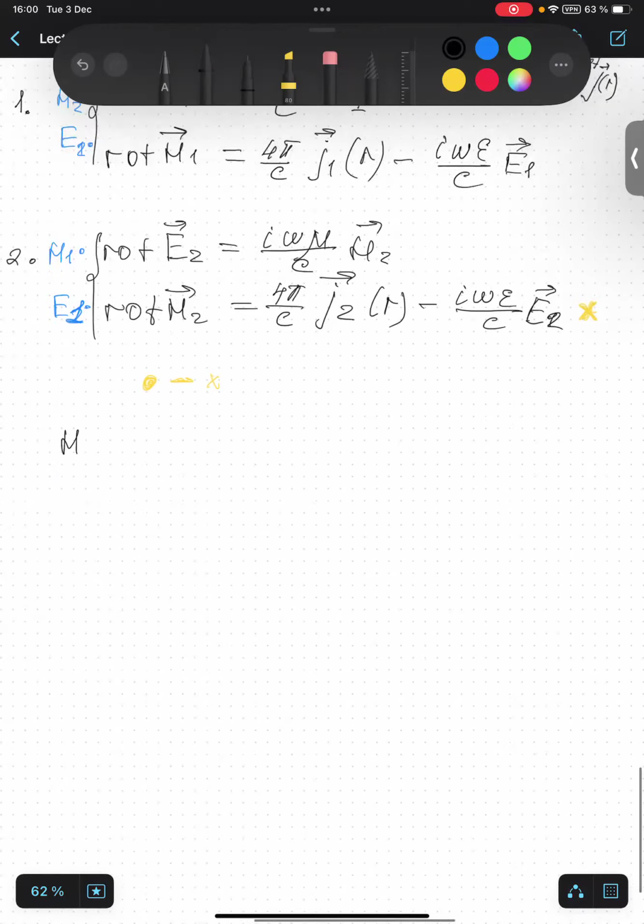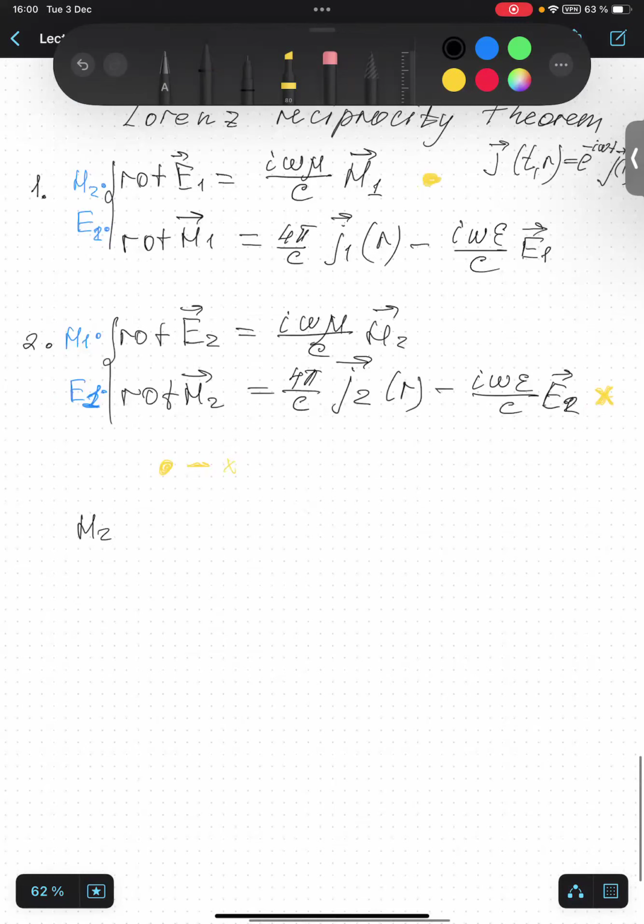Let's subtract the second equation from the first. What we will obtain? Here we have H2 curl E1. From the second equation, we have E1 curl H2.